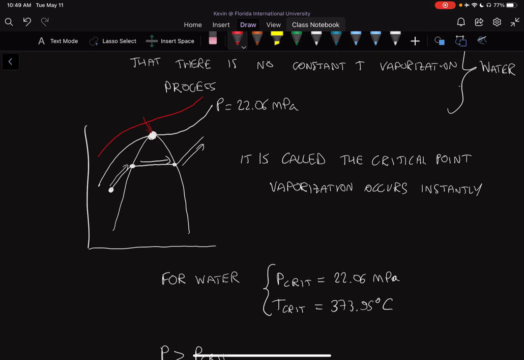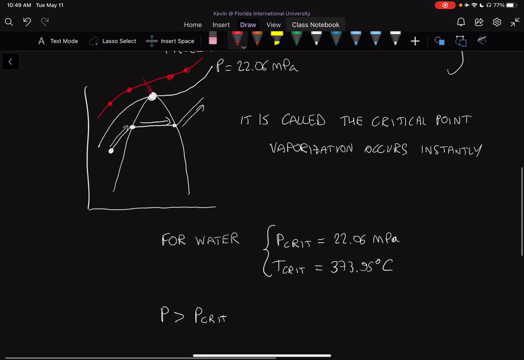We don't know whether the shift happens here, or here, or here. We don't know where the shift happens for vaporization when we're above the critical pressure. So we can say that if pressure is above critical pressure, we cannot determine phase.